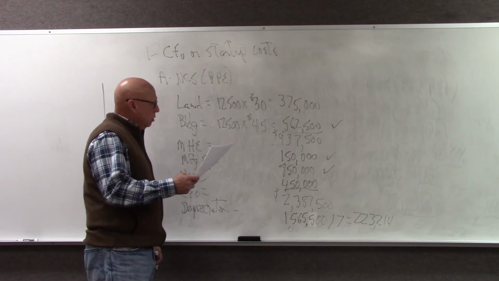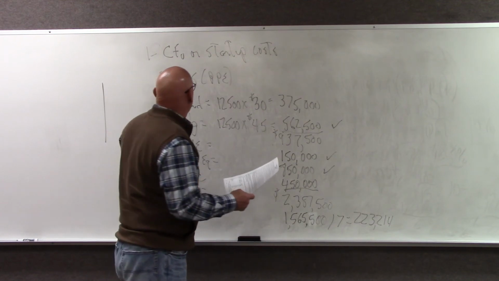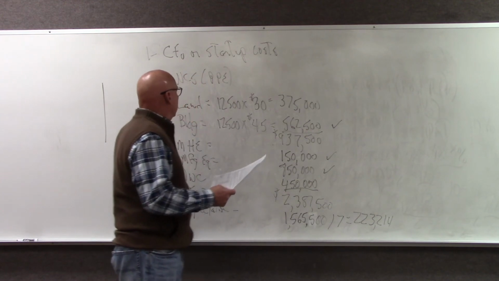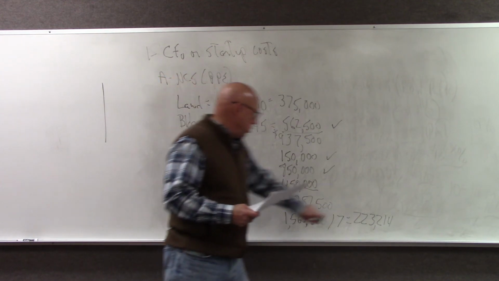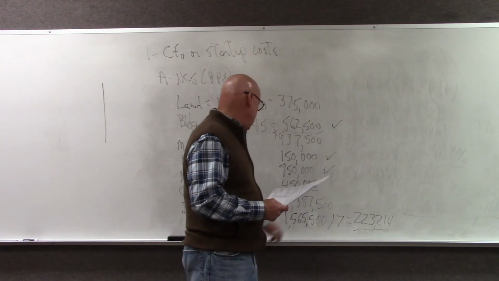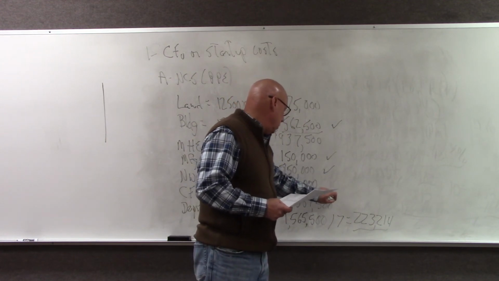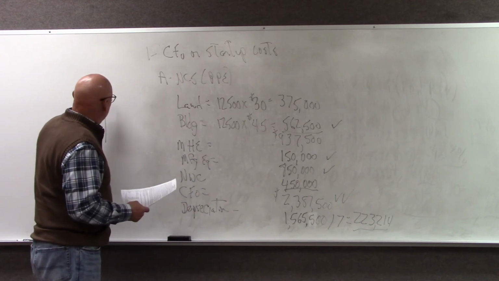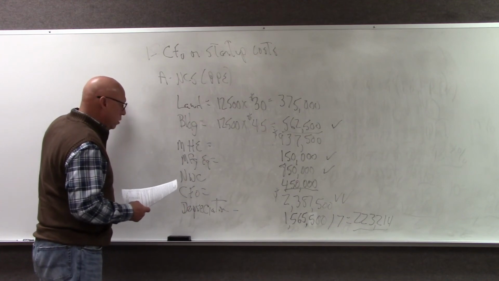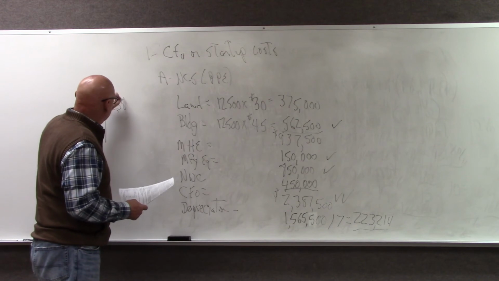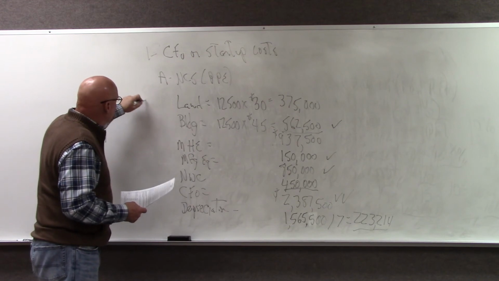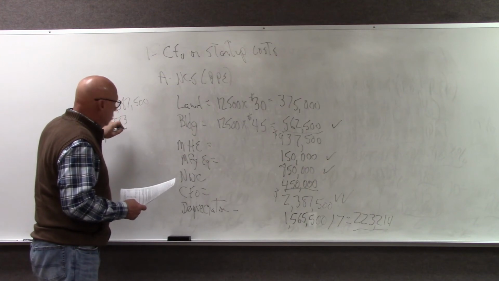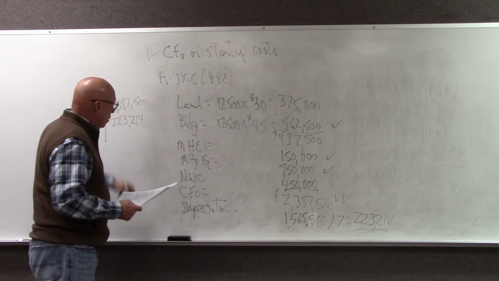Okay? All right, so we've got two important things here. We've got this number here, and we've got this number here. Okay? So we're going to write that down over here. 2,387,500 and 223,214. All right.